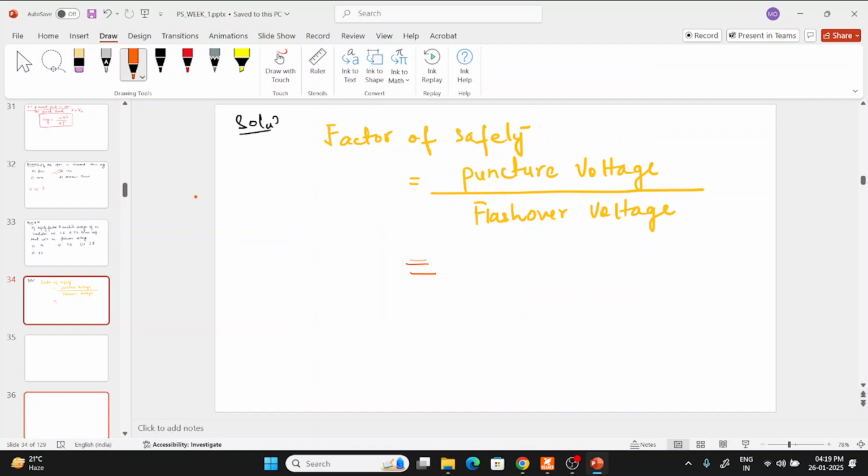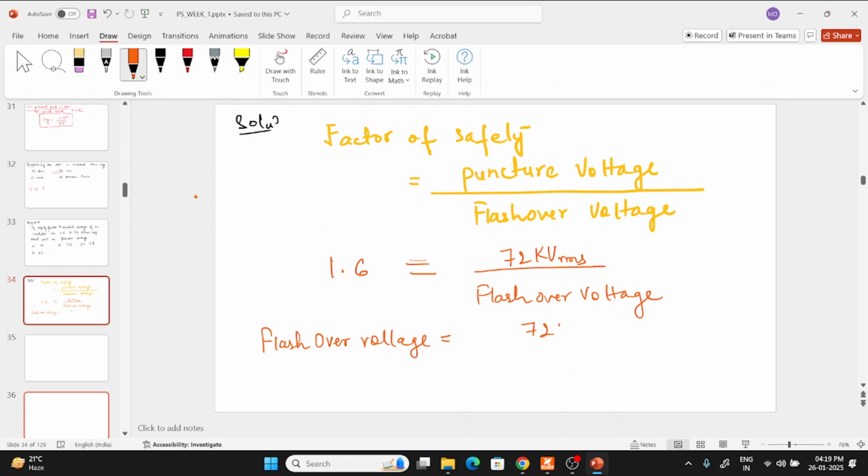What is the factor of safety here? It is 1.6. We have to calculate the flashover voltage. The puncture voltage given is 72 kV RMS. So if we rearrange, the flashover voltage will be equal to 72 kV RMS divided by 1.6.